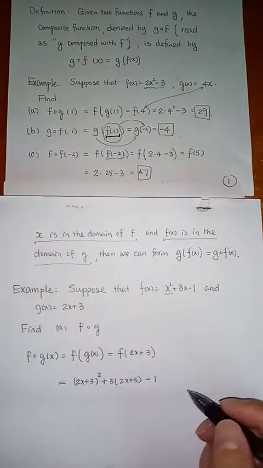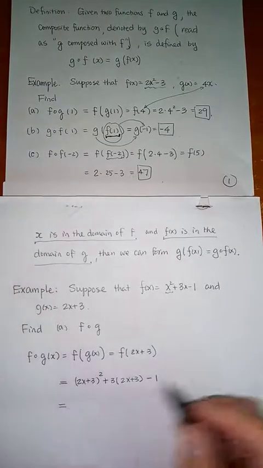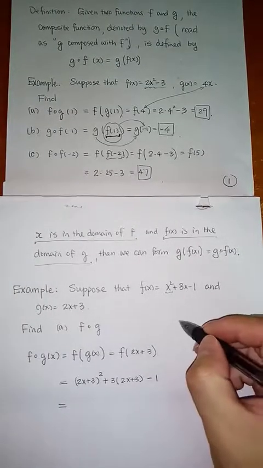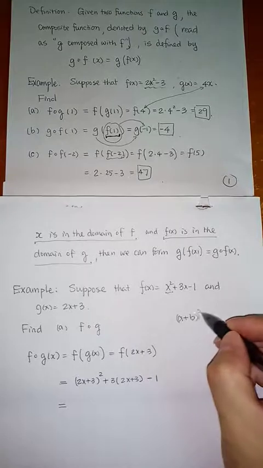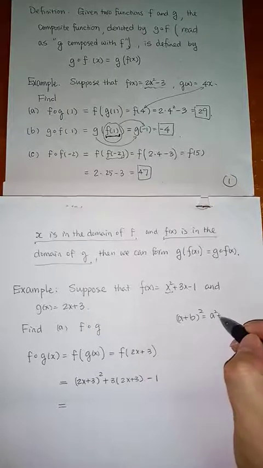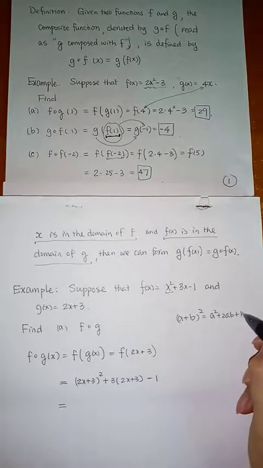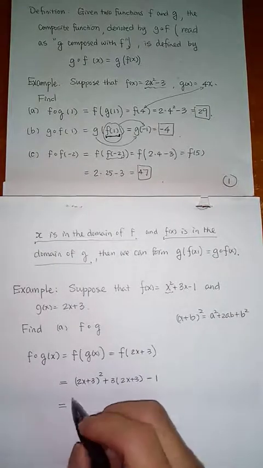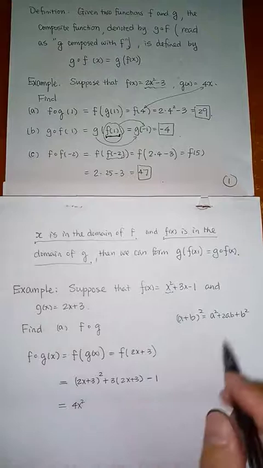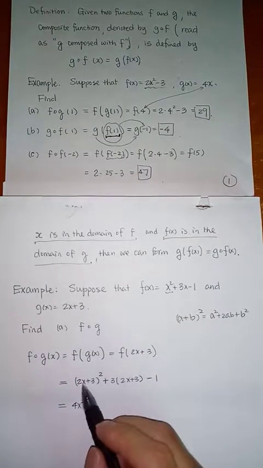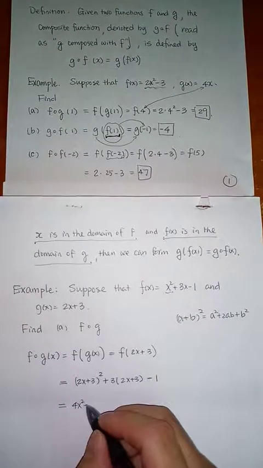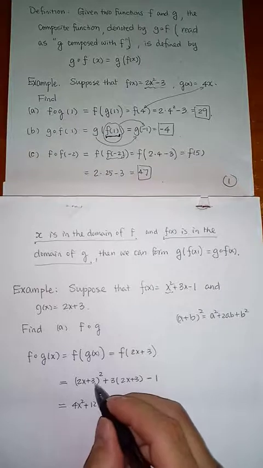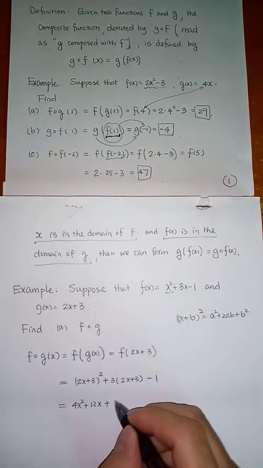Okay, then you simplify it. Remember that whenever you have (a plus b) squared, you get a squared plus 2ab plus b squared. So a is 2x. (2x) squared is 4x squared. 2ab, 2 times 2x times 3 is 12x, and 3 squared is 9.